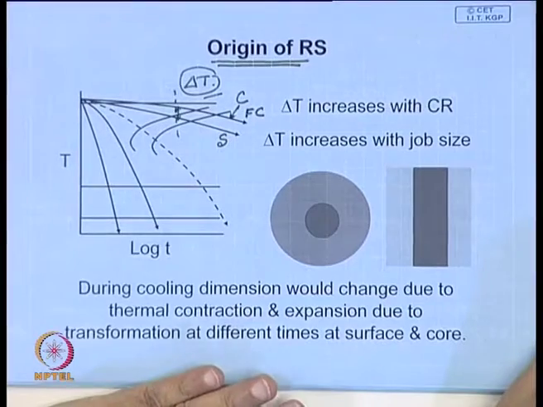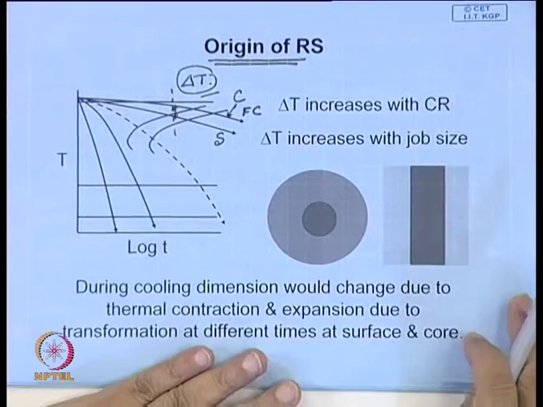As the temperature goes down, the job will try to become smaller due to the coefficient of expansion. As against that, when transformation takes place, the material will try to expand. And if one uses this judiciously, one can get a job with minimum residual stress or distortion.